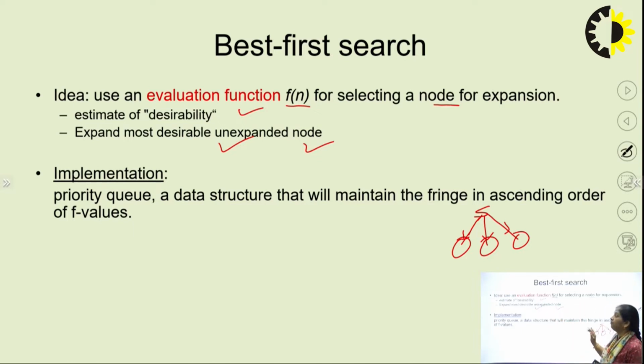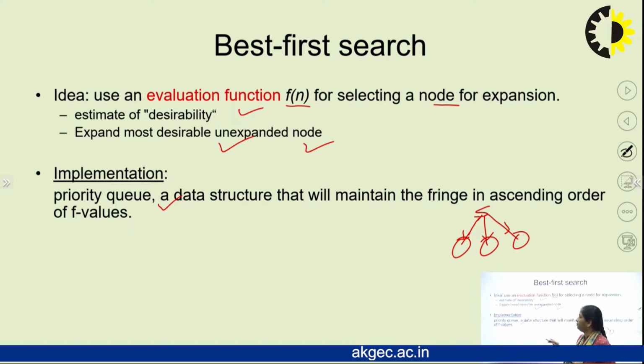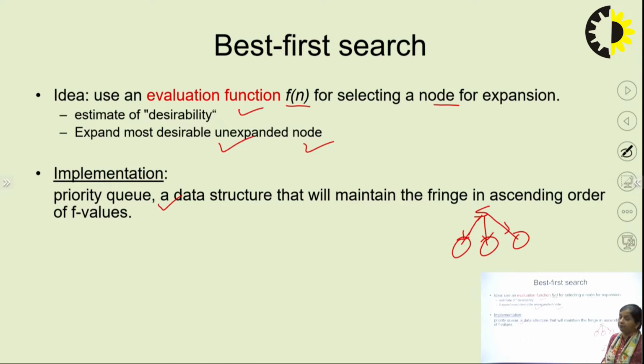When we implement best first search, we use a priority queue. A queue we know is first in first out; which enters first will be executed first. But in a priority queue, we maintain the fringe in ascending order of f values. What is my f value? That is my evaluation function value.